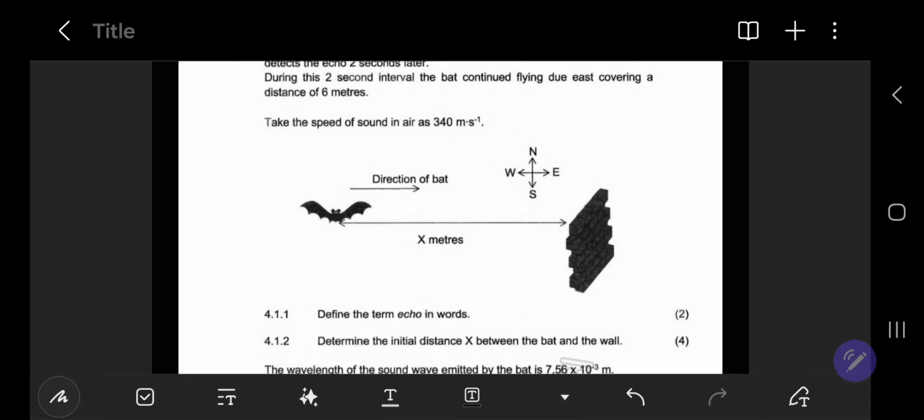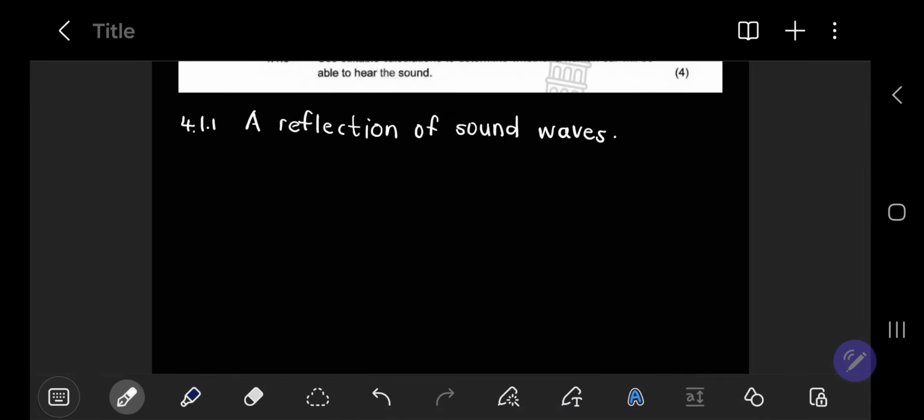You may hear the sound come back to you after a while. That's what's known as an echo. Basically, your sound waves travel, and as soon as they hit a barrier, they are reflected off the surface of the barrier and they return to you. So, an echo is a reflection of sound waves.